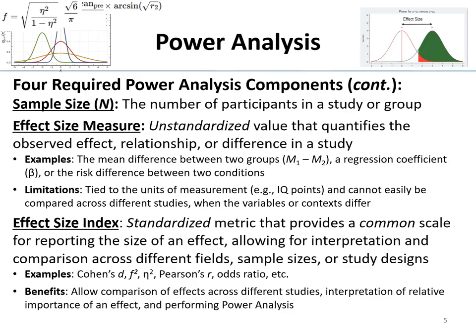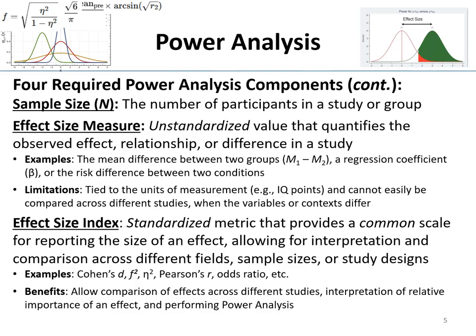So what are the benefits of effect size indexes? Well, they allow you to compare effects across different studies. They allow for interpretation of the relative importance of an effect. So I can compare that this effect is more important than that effect because they are based on the same denominator.